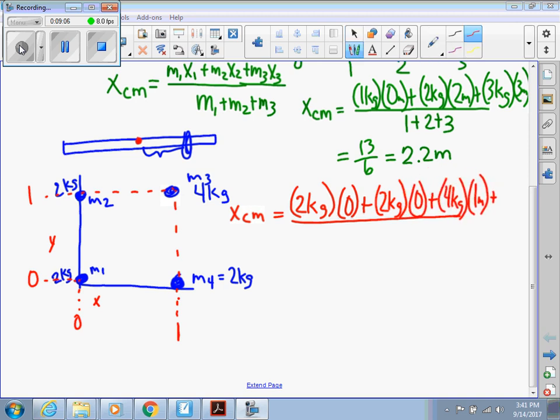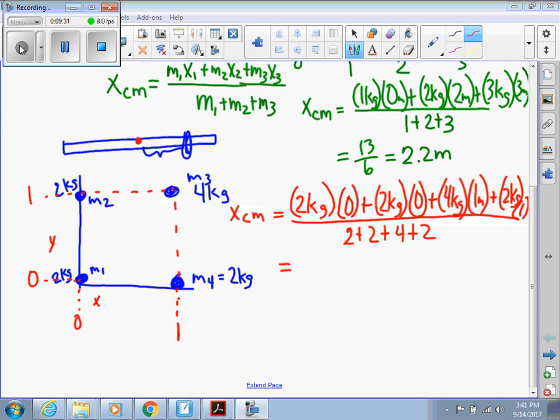Okay, for our last one, mass 4, we have a mass of 2 kilograms, and that is at a position of also 1 meter. If we take that and divide by the mass of mass 1 plus mass 2 plus mass 3 plus mass 4, we get 2 plus 2 plus 4 plus 2.